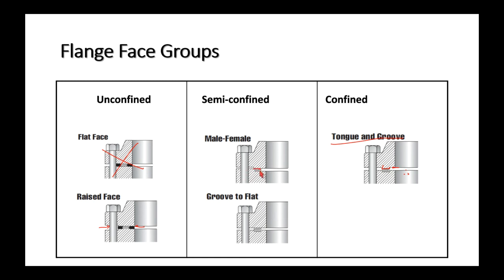Here you can see the gasket, though it is exposed to processed fluid and the pressure inside the pipe on one side, it's not on the other side. It's protected by this sort of shoulder here. So that's the male-female. And then we also have this type where we have basically a flat face flange combined with a groove.